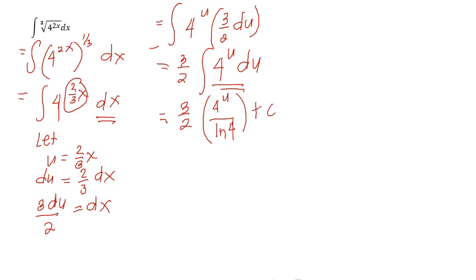This is not yet the final answer because our given is in terms of x, not u. So we will get 3 all over 2, 4 raised to our u, which is 2/3 x, all over ln 4. So this is now the final answer.